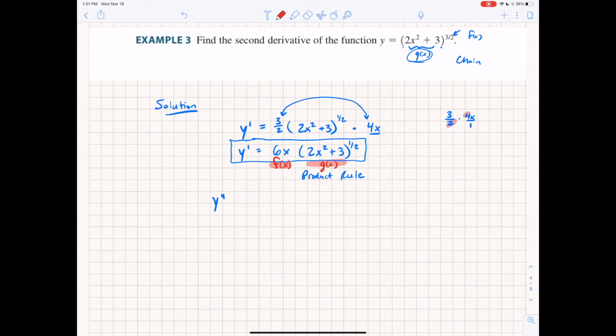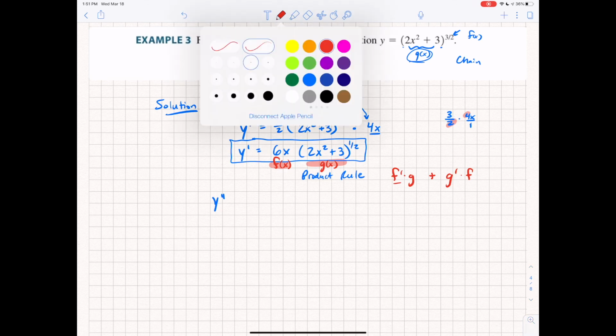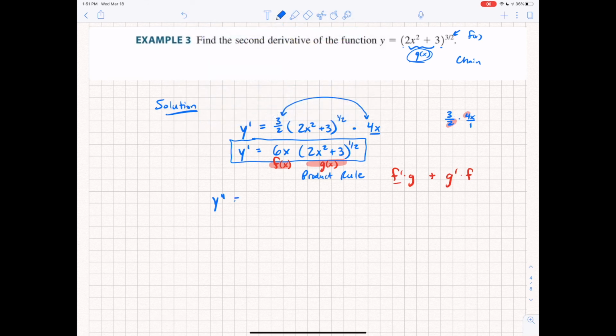And then remember, product rule is f prime times g plus g prime times f. All right, so I'm going to find f prime first. So the derivative of 6x is 6, and I'm going to leave g alone. And I'm going to add with this g prime.